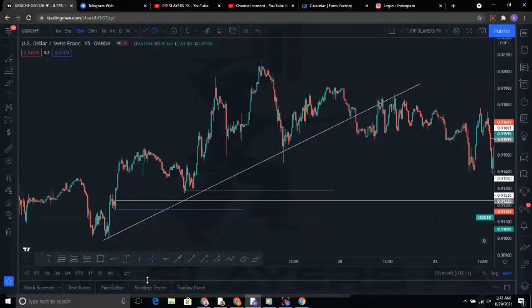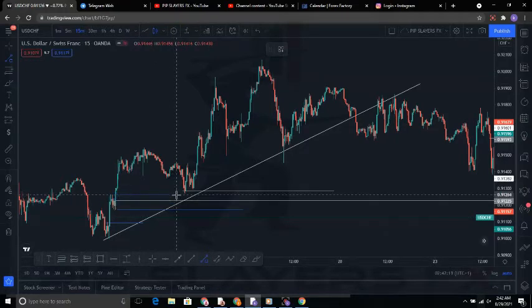If you don't know what a fair value gap is, it is just a volume in price where there's an imbalance between the buyers and the sellers. At this point, there's an imbalance. So I felt the market will come into this imbalance to fill the gap, or this one right here.